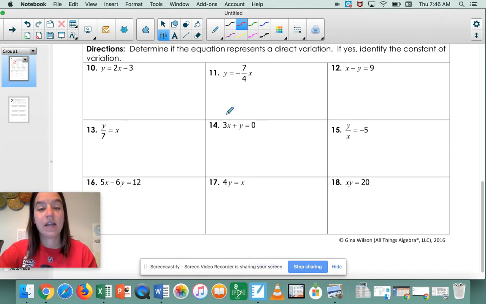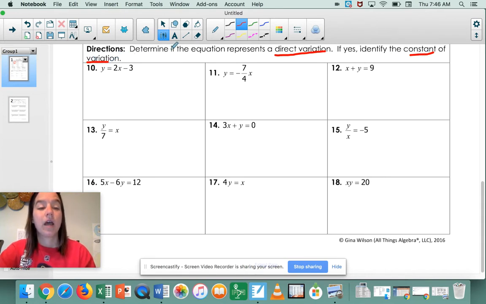All right, so our next set of problems say determine if the equation represents a direct variation. If yes, identify the constant of variation. So I have 2 things it's asking me. Is it a direct variation? And if I say yes, what's the constant of variation?